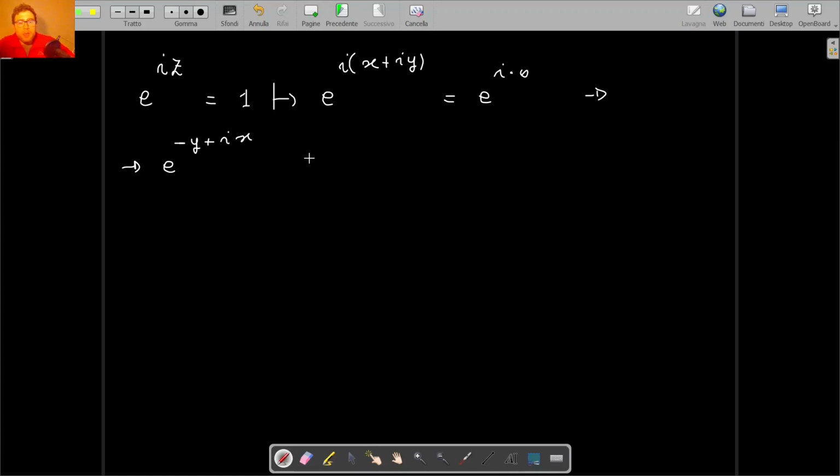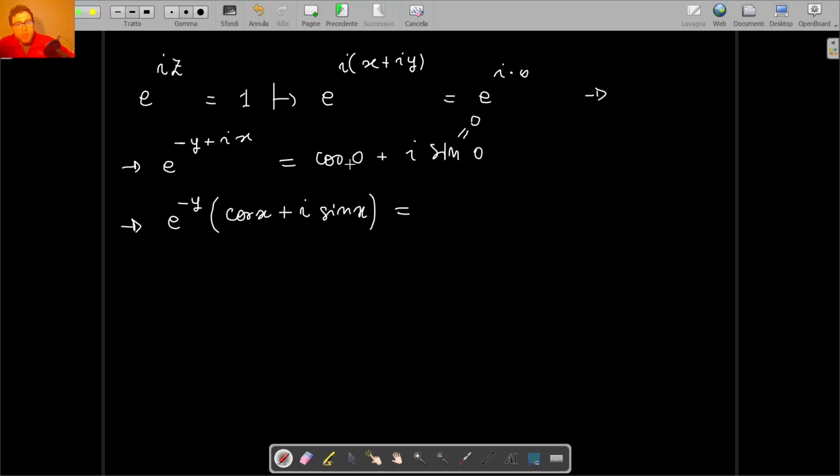this is equal to, now we can expand the complex exponential in its trigonometric form as cosine of 0 plus i sine of 0, and we see that the roles of cosine and sine are now inverted, and obviously this part here will be 0, and then we will have e raised to minus y, which multiplies cosine of x plus i sine of x, is equal to cosine of 0 plus i 0.